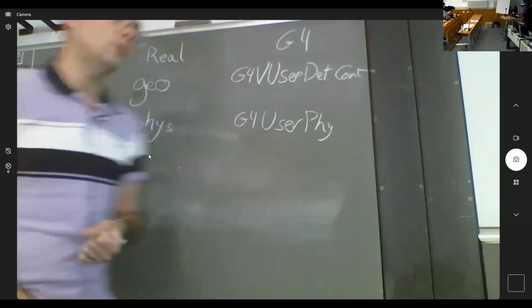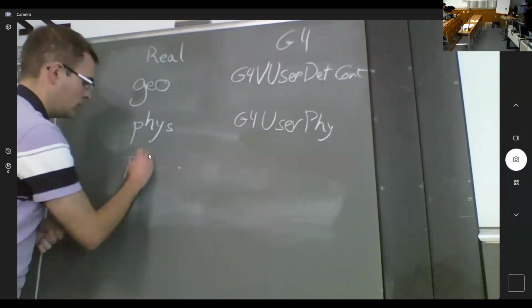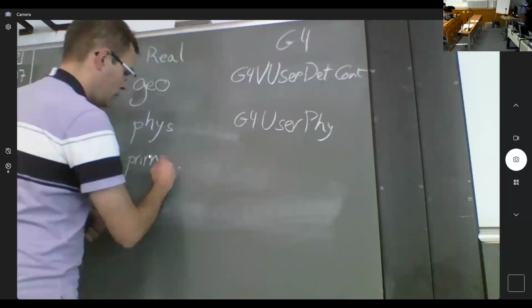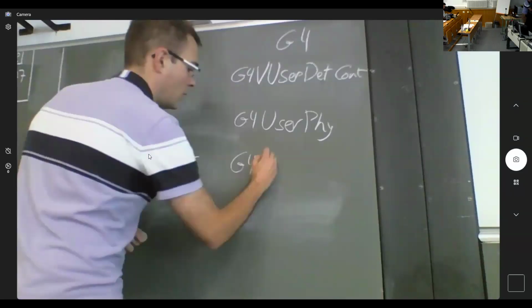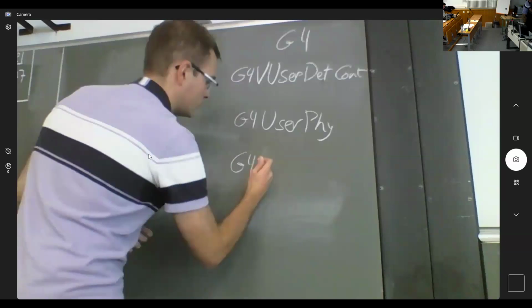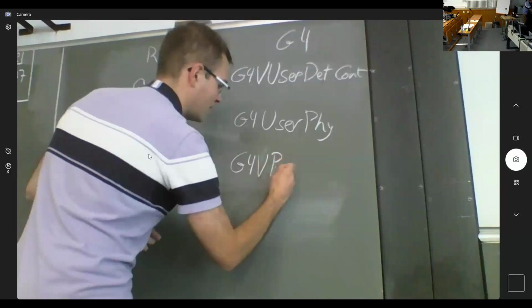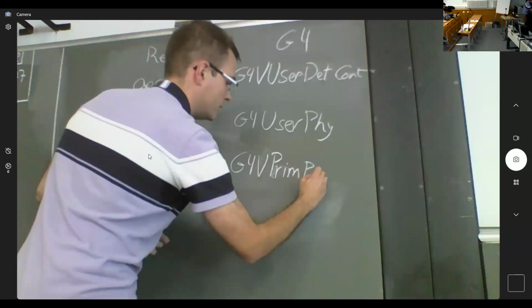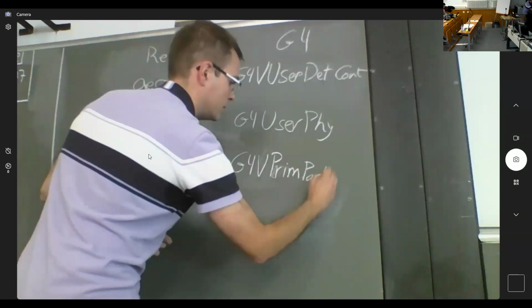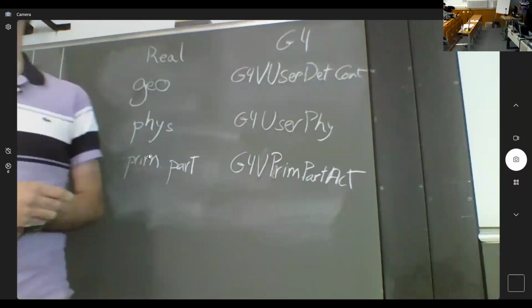To do so, we have to override another class called G4VUserPrimaryGeneratorAction.